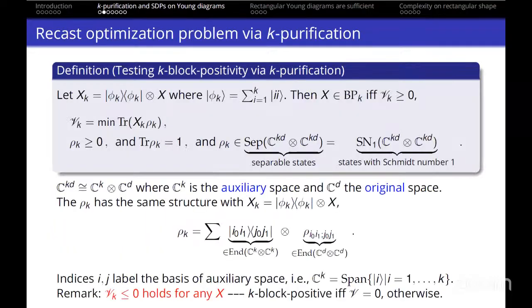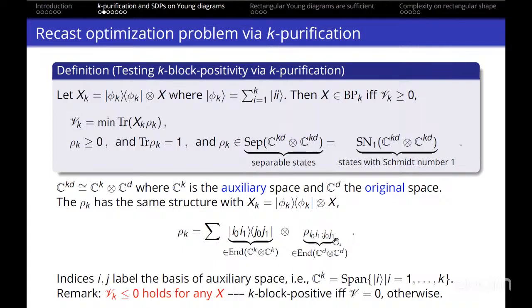Now we can convert the problem from testing K-block positivity to testing one-block positivity by some purification, which just extends this state by a maximally entangled state. Then you have a dual part, which means that the state is in this tensor form. This is for Alice's space, and this is the original operator.